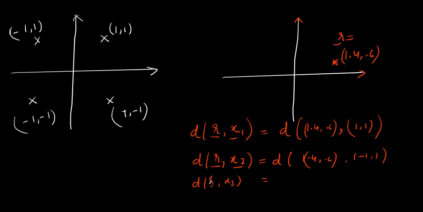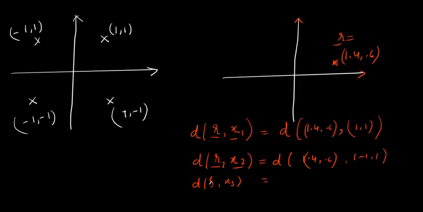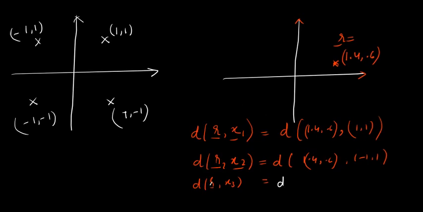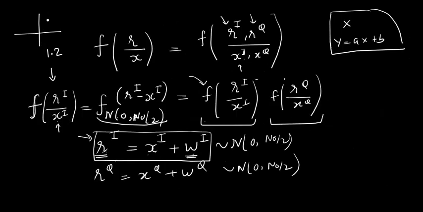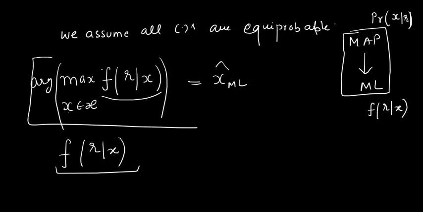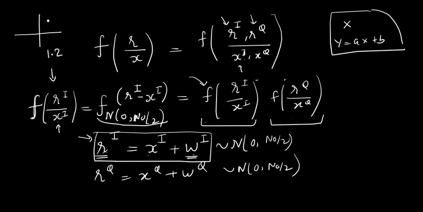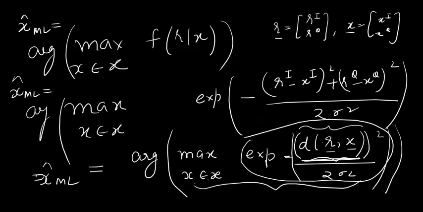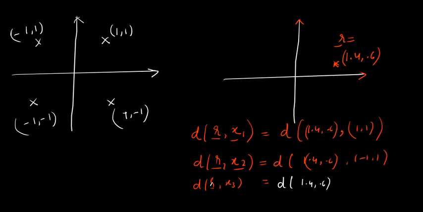Then we moved towards ML from MAP, since our symbols are equiprobable, and this ML becomes the minimum Euclidean distance decoder. Okay, just do it first. Otherwise, it will be a bit heavier for you.